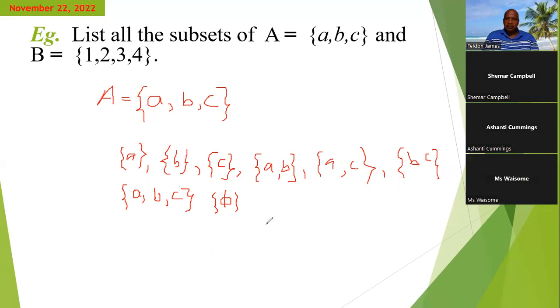Sir, a subset is a set within another set. Right, taken from within another set. So to have a proper subset would mean that the word sub means a set that is under a bigger set.